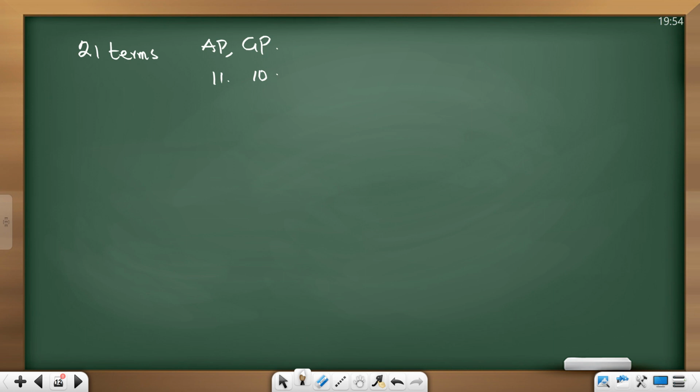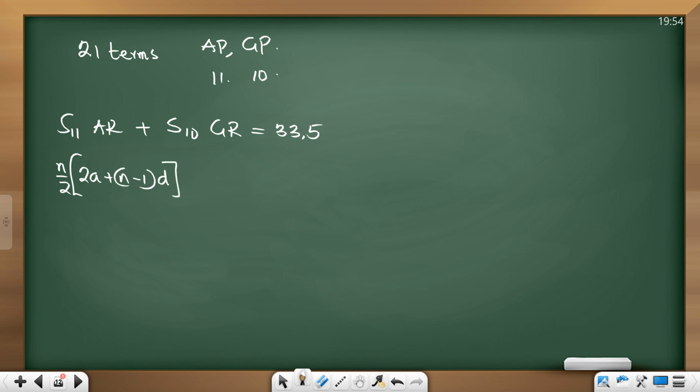So the sum of the first 11 arithmetic, let's just say S11 arithmetic plus S10 geometric, should be equal to what? What's our formula? n over 2 times 2a plus (n minus 1)d.